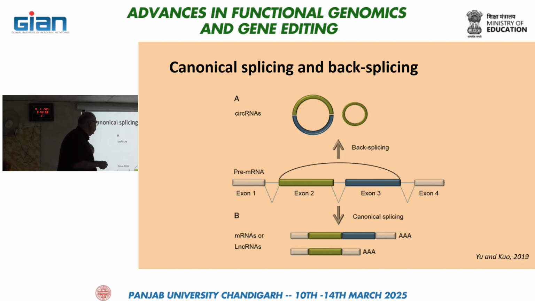These circular RNAs can contain exonic sequences, like here, because the intron can even be removed from the circular RNA. Or they can have one exon, two exons, sometimes even introns. So they can be really heterogeneous, and they actually will work exactly the same way like long non-coding RNA.